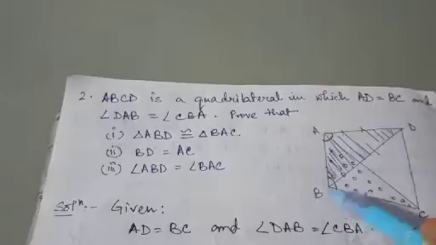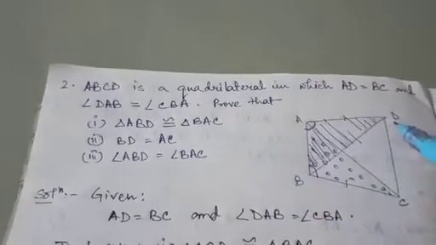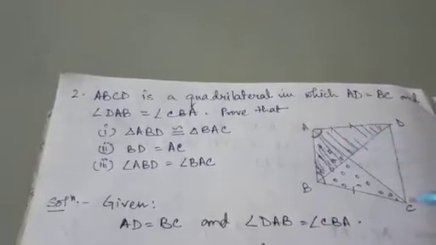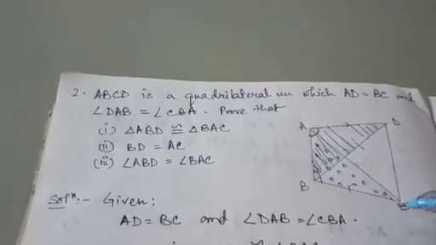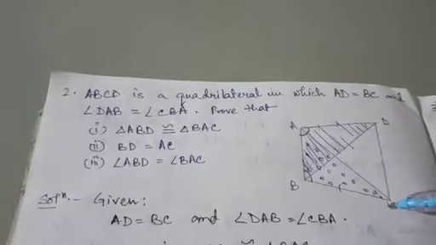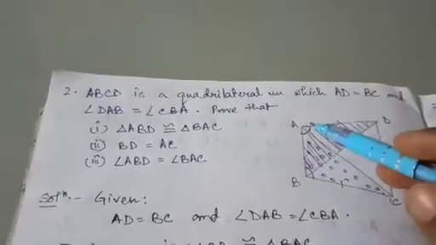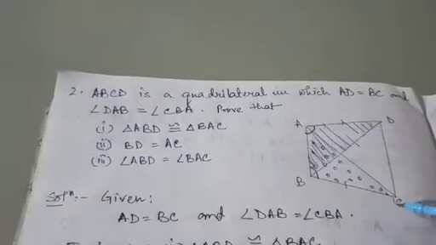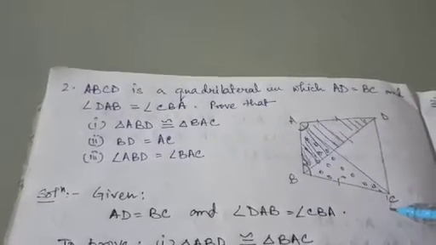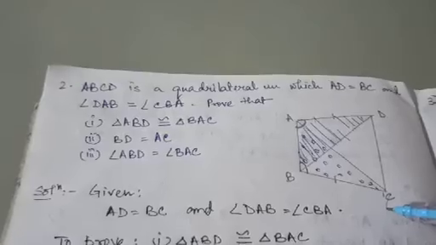So BD is one arm or one side of the triangle and AC is the other arm of another triangle. So since they are congruent, BD is equal to AC by CPCT, corresponding parts of congruent triangles.